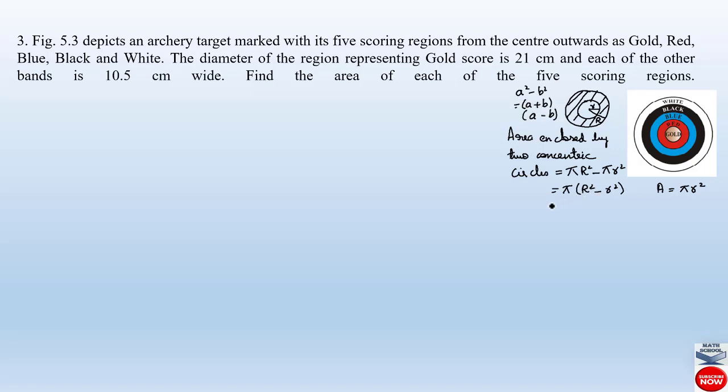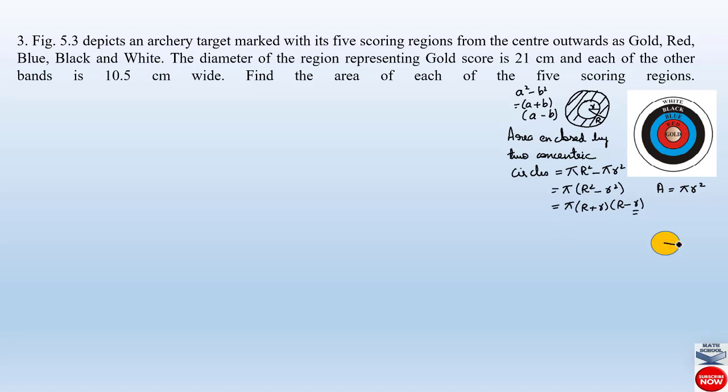So this we will apply here to simplify this formula, that is pi into R plus small r, into R minus small r. So using this formula, we will find out the area of each of these regions. So now first of all, let's take one circle at a time. Let us first take the gold region, which is a complete circle.